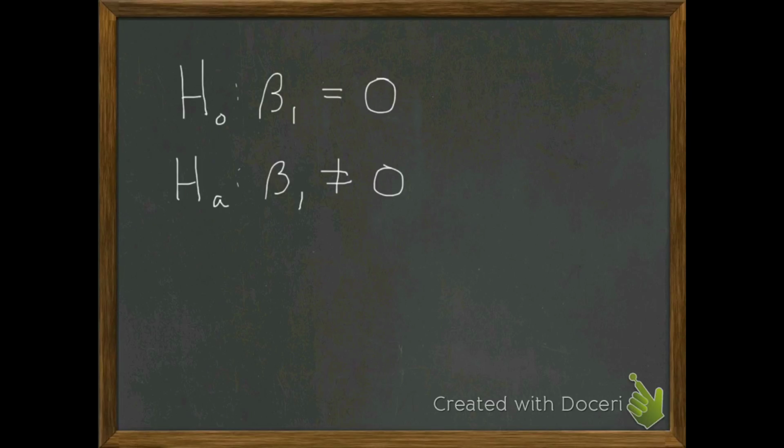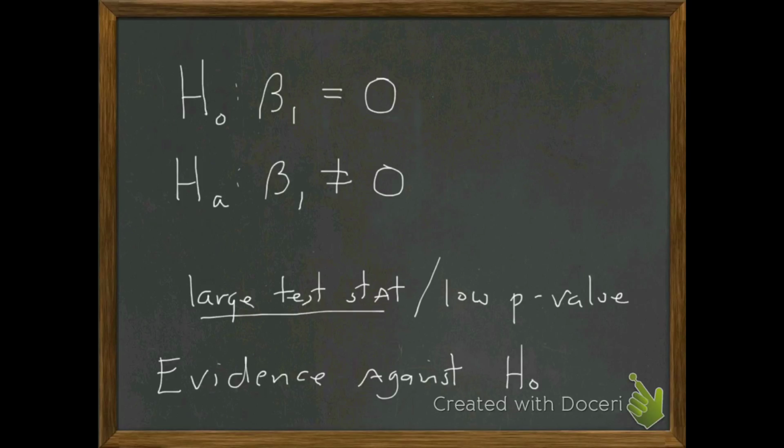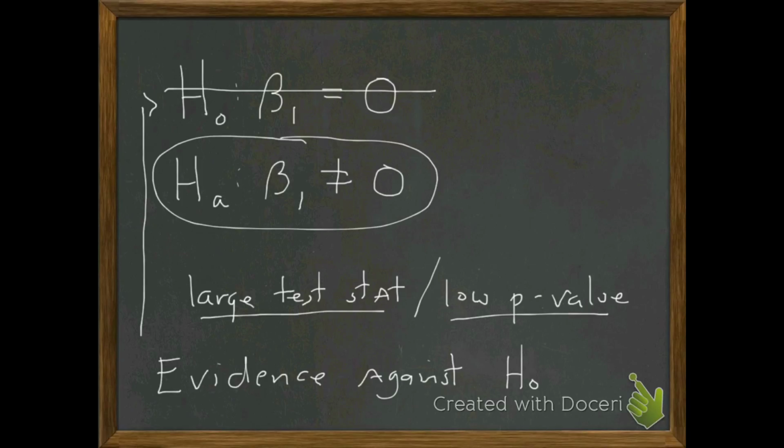If we get a large enough test statistic, which goes hand in hand with a low p-value, then this gives us evidence against H0. And if we have a large enough test statistic and a low enough p-value, and we get enough evidence against the null, then we reject the null, and we indicate that based on our data and statistical significance, we feel that the best decision is that the slope of our model is not equal to 0.